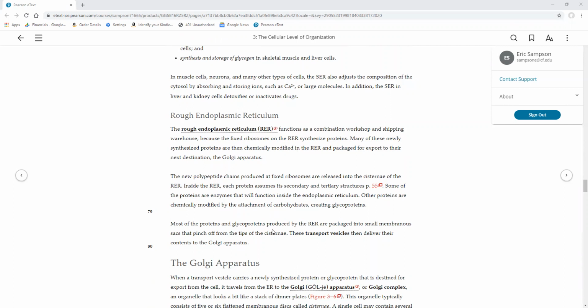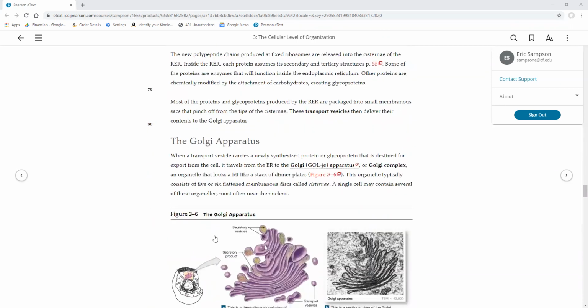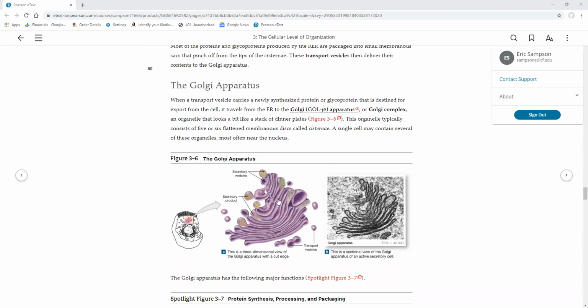So here down at the bottom of the rough ER, you see, okay, so it modifies and packages newly synthesized proteins. And then these transport vesicles then deliver their contents to the Golgi apparatus. Again, we said Golgi apparatus is FedEx, shipping packaged proteins, whatever that might be, through secretory vesicles out of the cell.